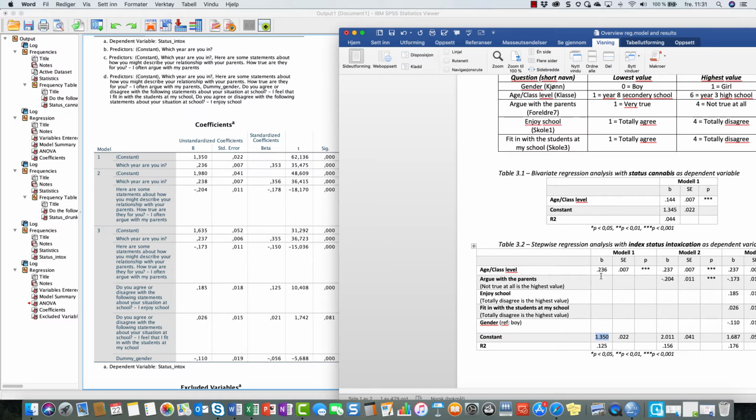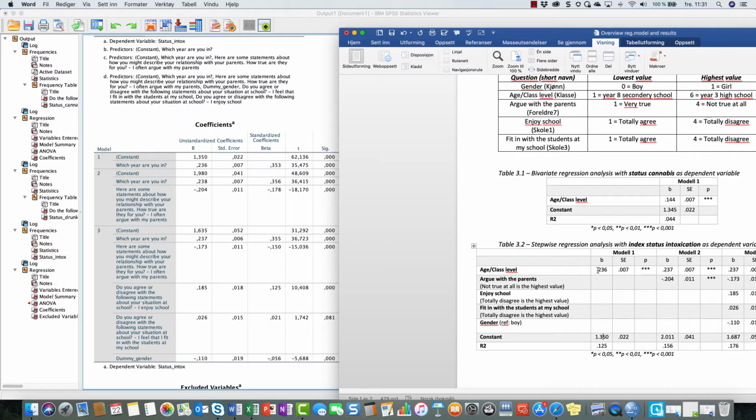It's not, so I cannot interpret the constant as the mean value on index status intoxication for 8th graders, because the 8th grade isn't 0, it's 1. So I cannot interpret this constant in a meaningful way. So that would be the answer to that.